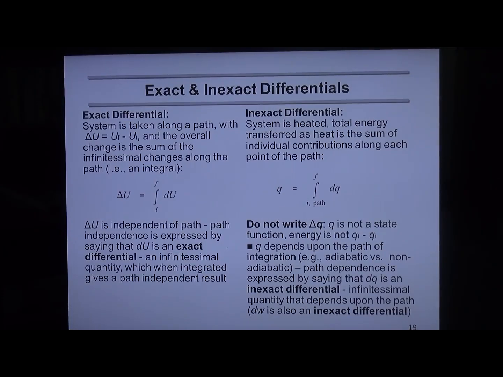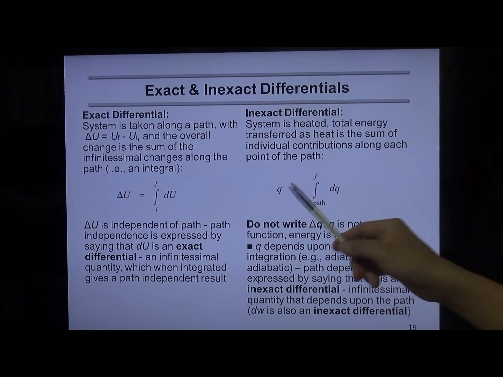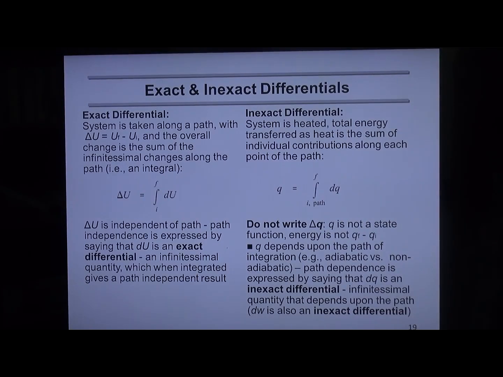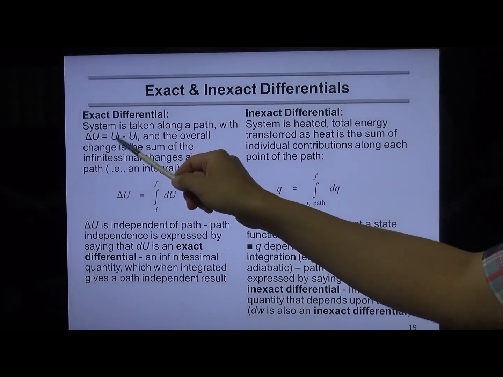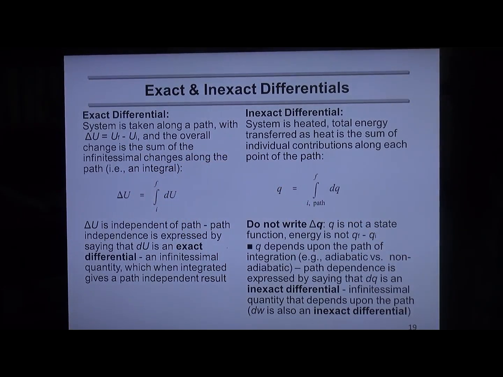On the other hand, path functions Q or W. For these two path functions, we never put delta, right? Because if you put delta, delta U is U_F minus U_I, only depending on initial and final state.